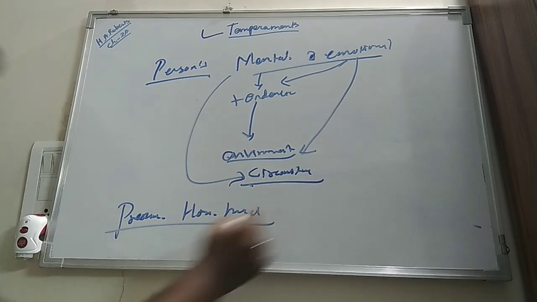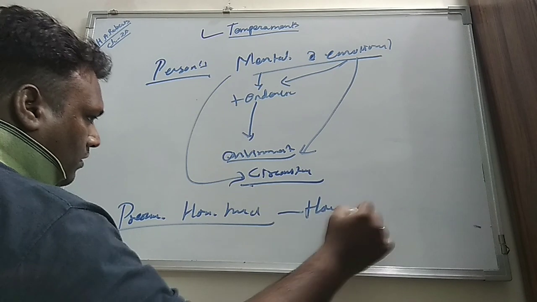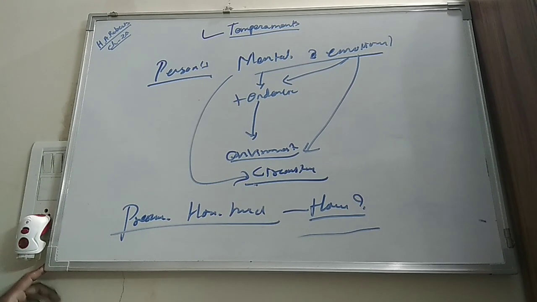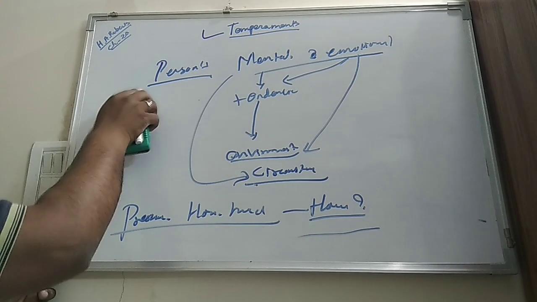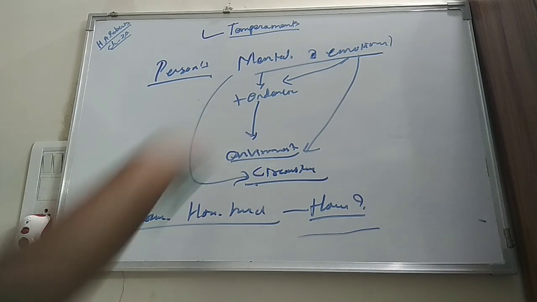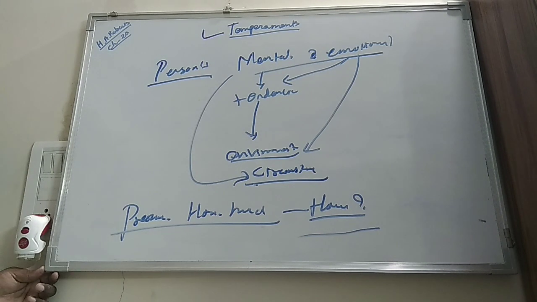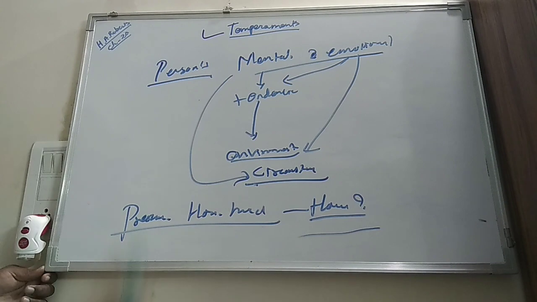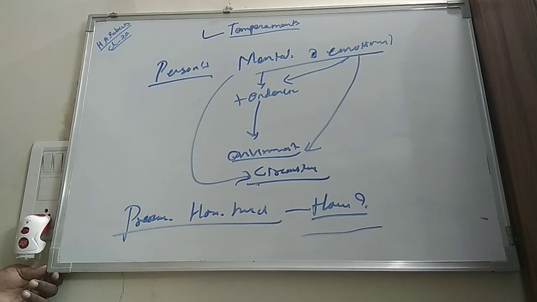And how? That is the important point to know. Let us see how. As we have seen, a person's mental and emotional tendencies: mental tendencies to react towards the circumstances, emotional tendencies to feel the environment or react towards the environment emotionally.